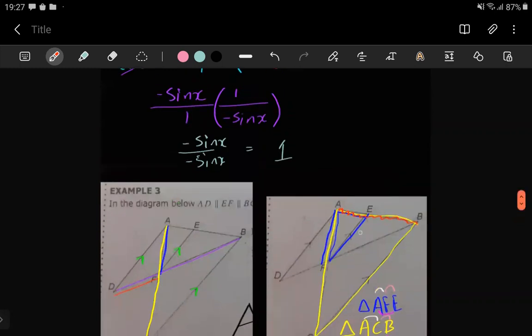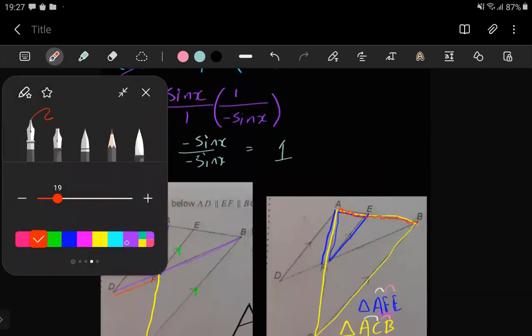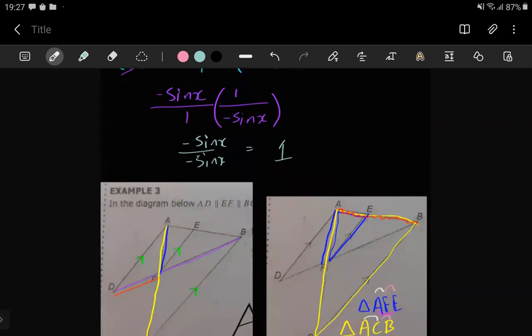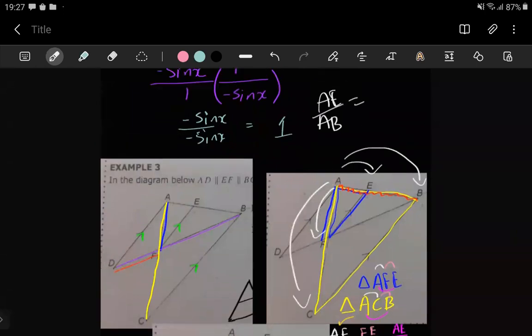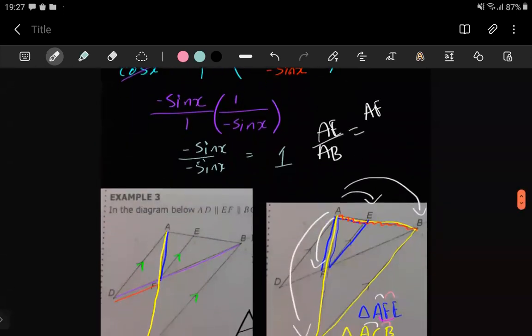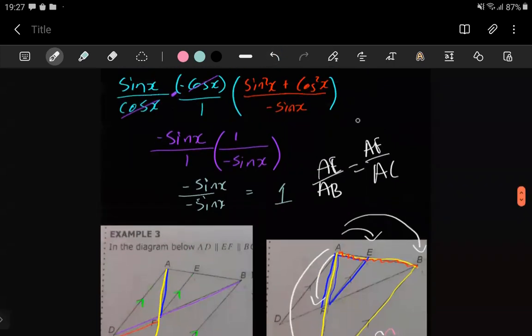So for this pink, this yellow and blue triangle, we can write out AE over AB is going to be equal to AF over AC. The reason here is just the proportionality theorem.